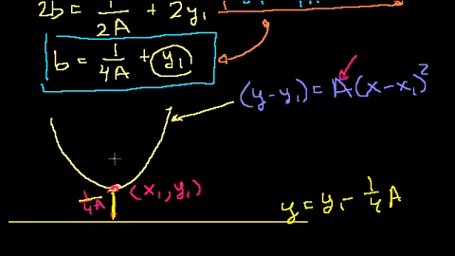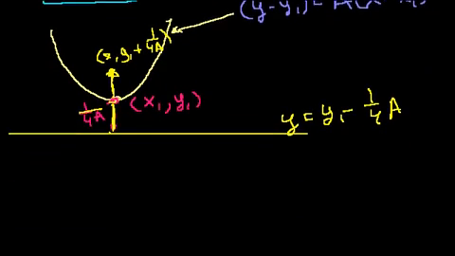And then the focal point, the x value of the focal point is going to be x1, the same as the x value of the vertex. And then the y value is this b, and we just go 1 over 4a above it, which makes sense because we need to be equidistant from the directrix and the focus. So this is y1 plus 1 over 4a. But the intuitive part is we just took 1 over 4a above it, right?